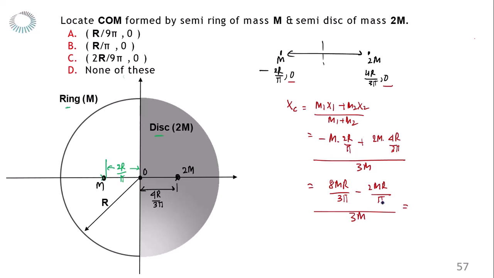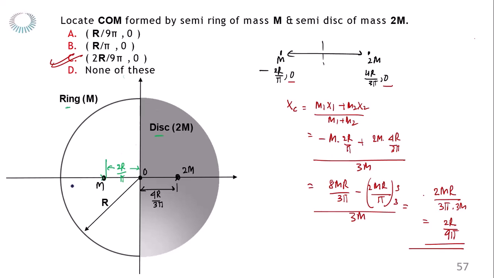In the numerator, 2m r by pi times 3 and 3 is 6m r by 3 pi. 8 minus 6 is 2, so 2m r by 3 pi divided by 3m. The m cancels out, so I am left with 2r by 9 pi. So the answer is 2r by 9 pi, comma 0. That is the final position of the center of mass.